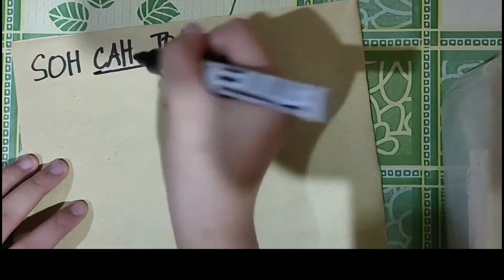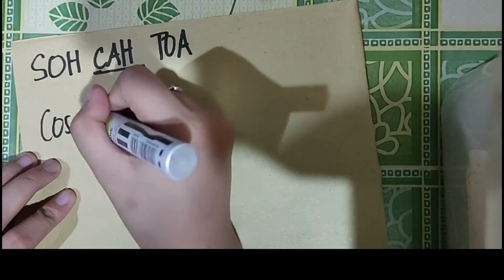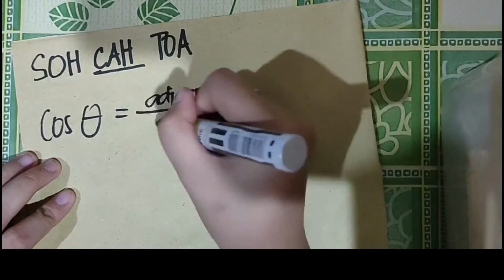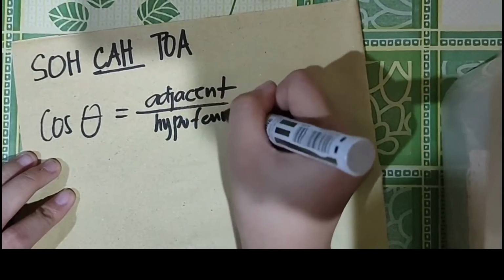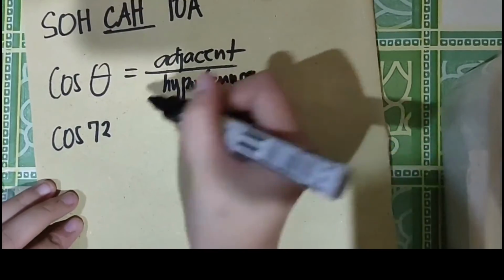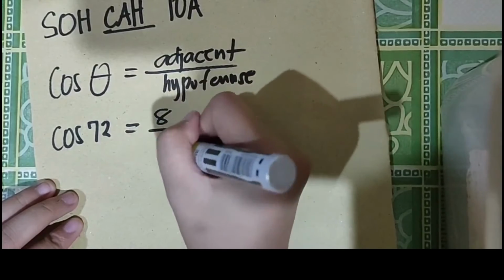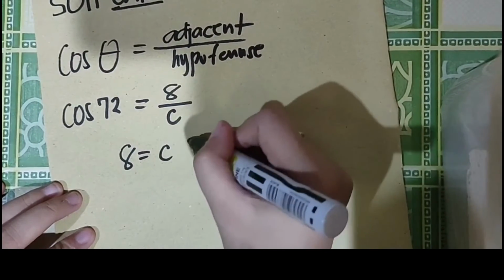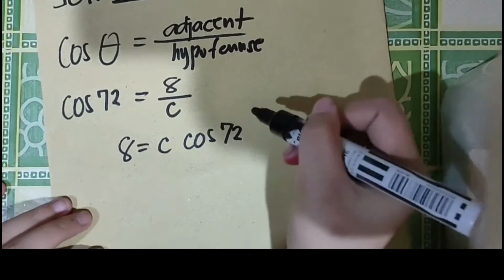To solve for line C, we will use the trigonometric function cosine. Cosine theta is equal to adjacent over hypotenuse. Cosine 72 is equal to 8 over C. Cross multiply to get 8 is equal to C cosine 72.